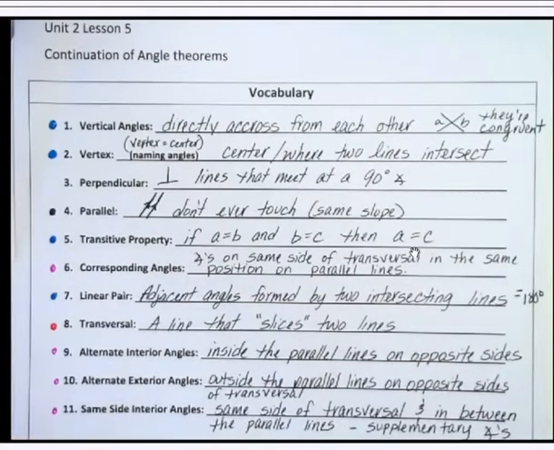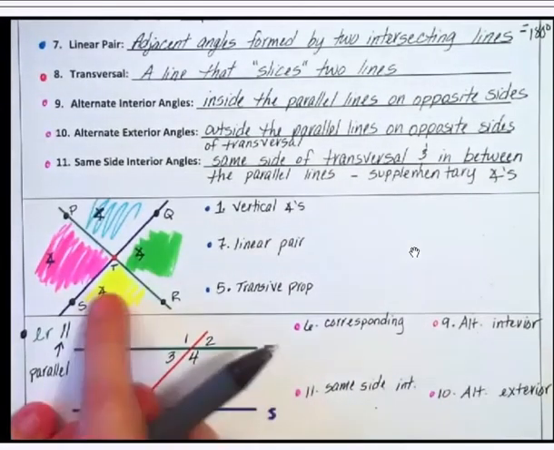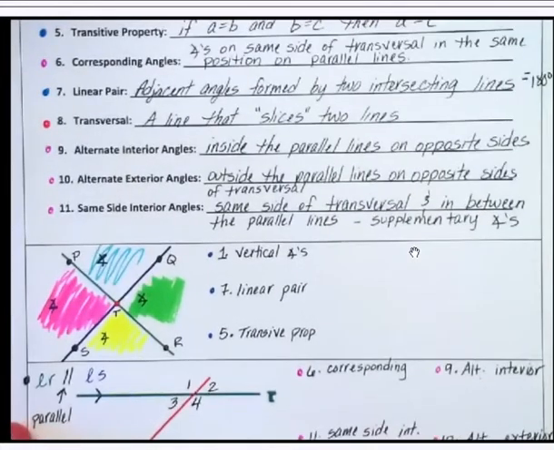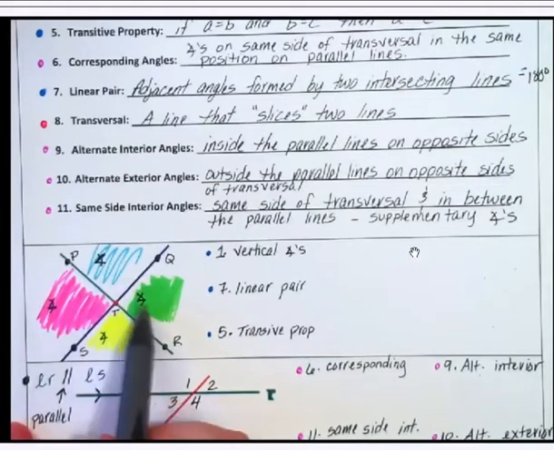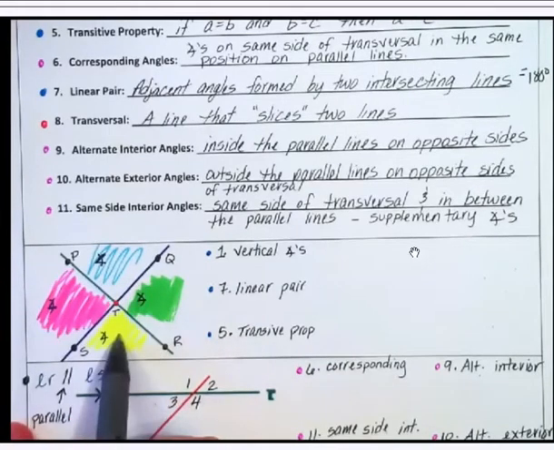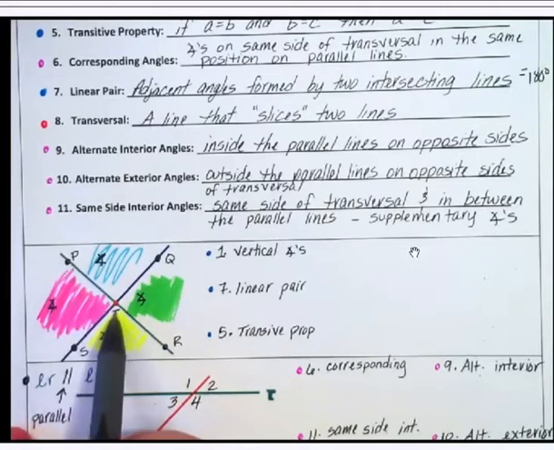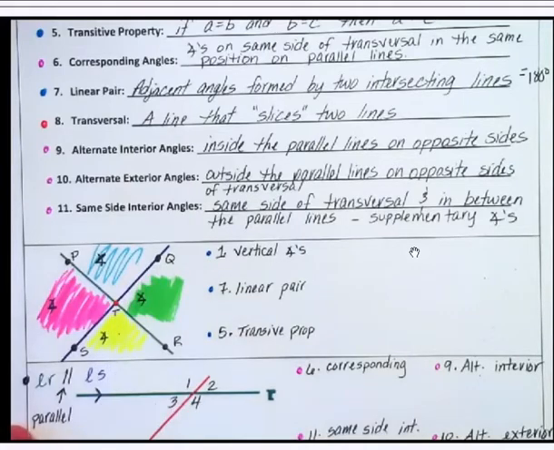So I'm going to come down to the bottom, and I'm going to do this very colorful example first, okay? And we're going to identify the names of each of these angles, okay? And you'll want to be sure to add the letters. So P, T, Q is going to be the name of this blue region.